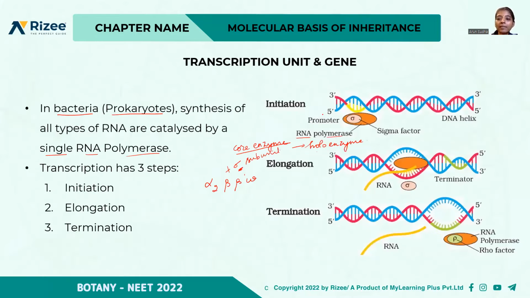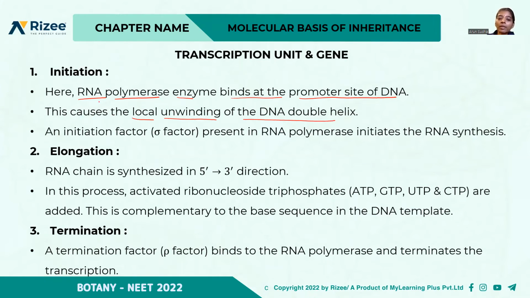At that site there is an unwinding of the DNA helix. If you see here, only at that point after the RNA polymerase binds, there is unwinding, that is, splitting of the double helix. Then the initiation factor, the sigma factor present in RNA polymerase, initiates the RNA synthesis. That enzyme is called the holoenzyme, that is, core enzyme plus sigma factor. So this is the process of initiation.